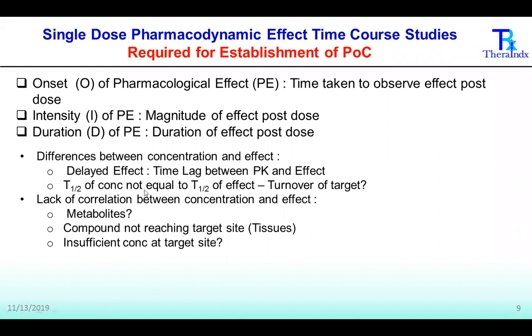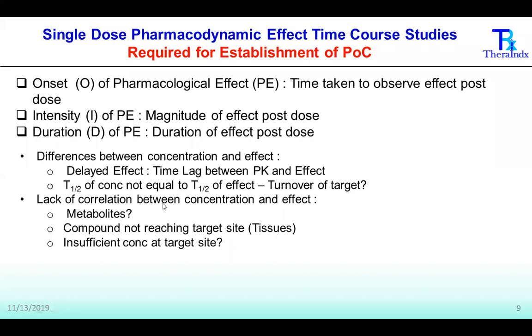It also could manifest in terms of differences in pharmacokinetic half-life and the pharmacodynamic half-life, which could be due to the turnover of the target. What I mean by this statement is there is a possibility that the compound's concentration half-life could be short, whereas the effect could last for a long time. Much of the compound concentrations are below the limit of quantitation.